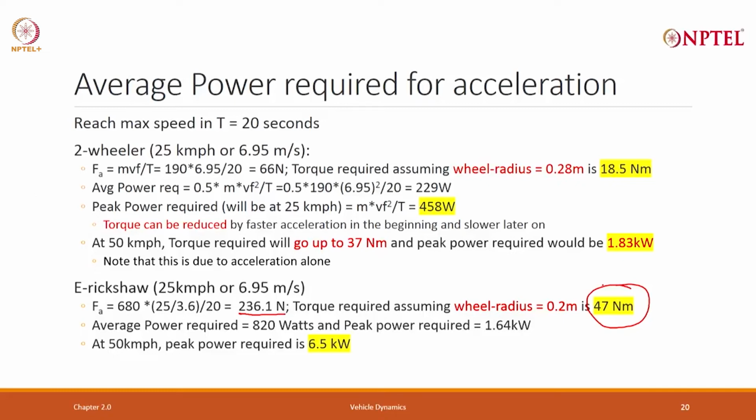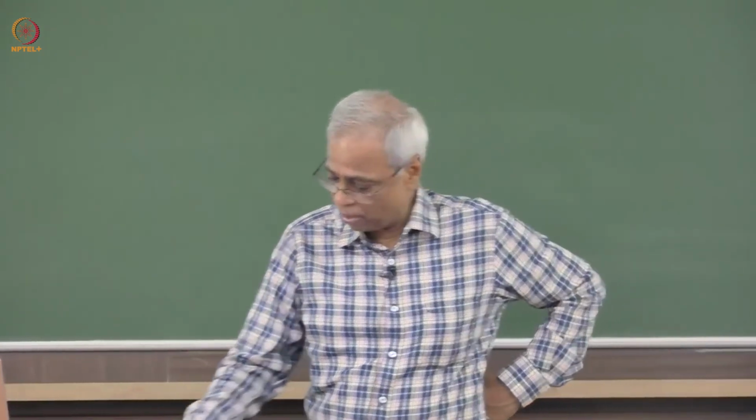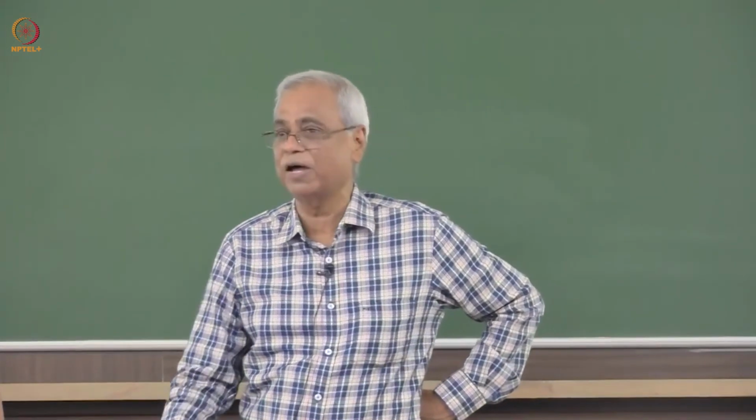Average power requirement due to this acceleration is 820 watt, but the peak power requirement is 1.64 kilowatt. At 50 kilometer, now e-rickshaw does not travel at 50 kilometer per hour, but if it were allowed to travel, our peak power requirement would have gone up to 6.5 kilowatt.